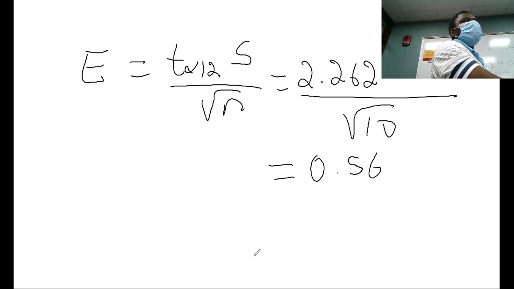So what do we get? 0.56. So it's better to do the square root separately. Now we subtract it from the mean, 7.1, to get 6.54. Adding to the mean, 7.1, we get 7.66. So the confidence interval is 6.54 to 7.66.